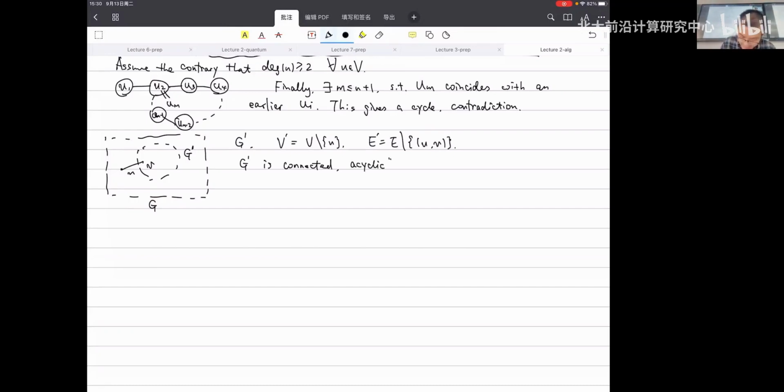By acyclic, it just means it does not contain a cycle. And this implies that G prime has n minus 2 edges by our induction, and so we have that G has n minus 1 edges.